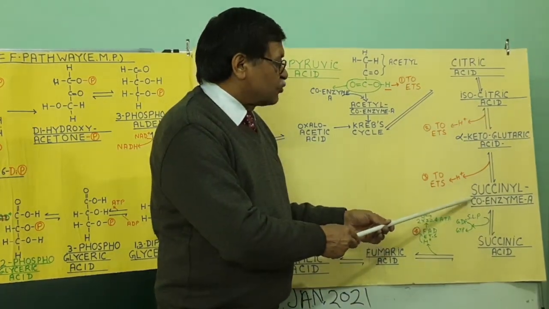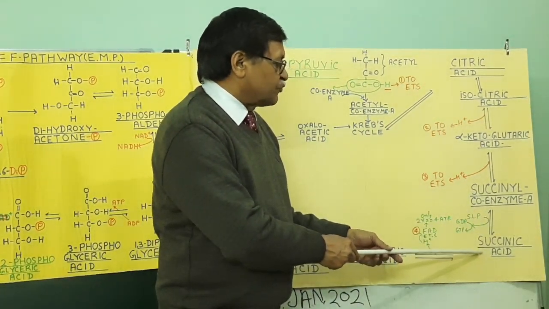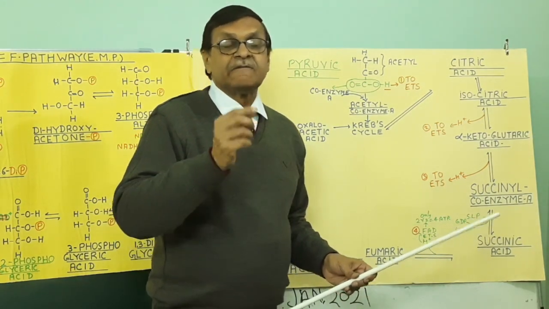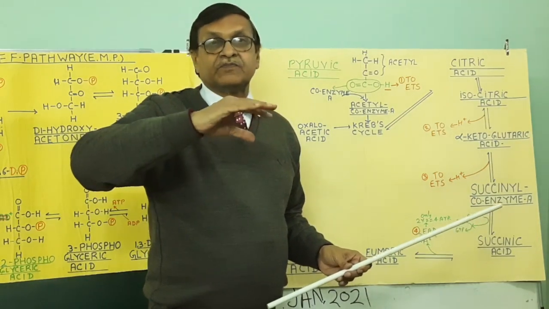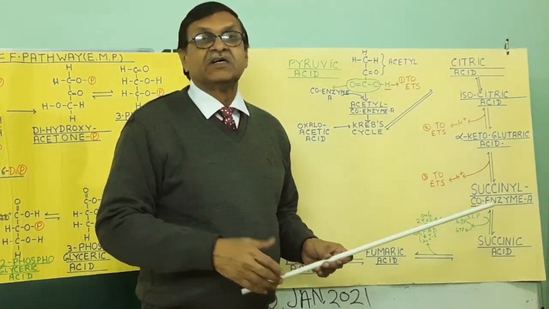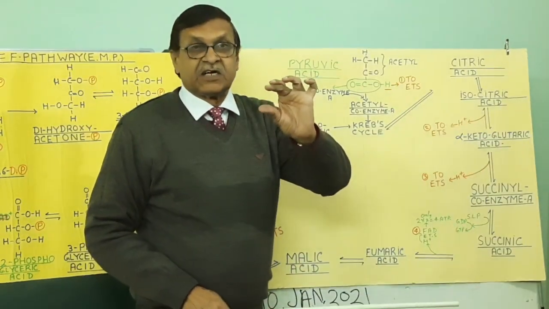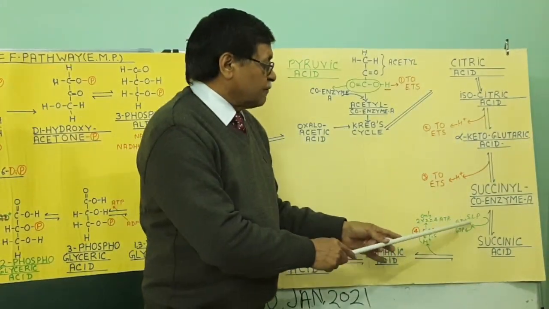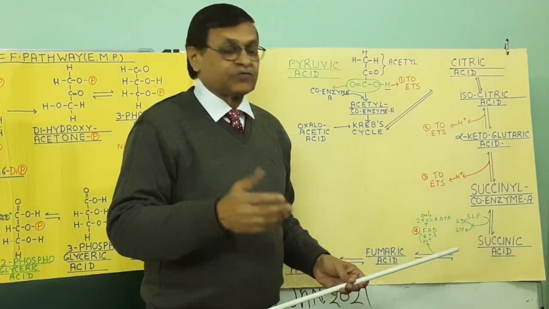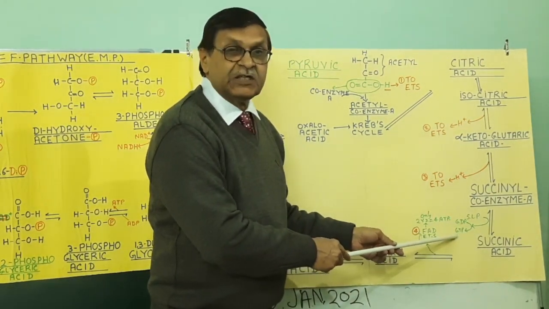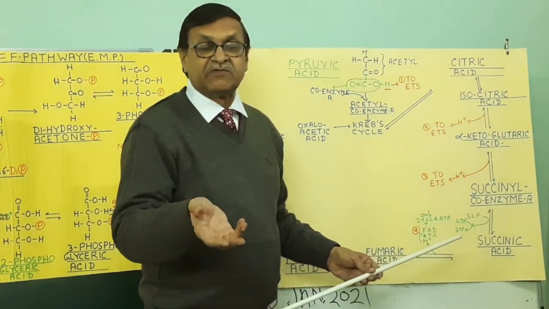From the succinyl coenzyme A, succinic acid is formed, and this is a substrate level phosphorylation where only due to molecular orientation change and redistribution of energy, a little amount of energy comes out which goes into substrate level phosphorylation and it is used in formation of GTP, then it is utilized by 1 ATP.